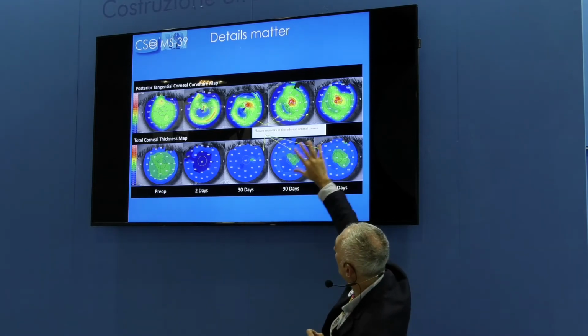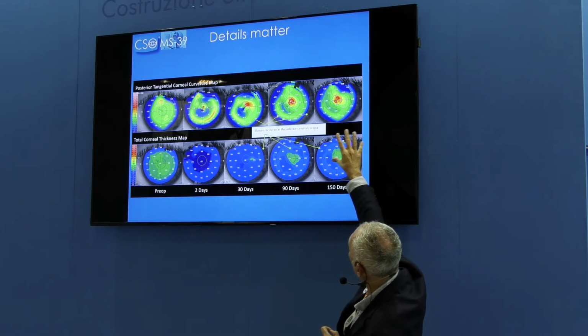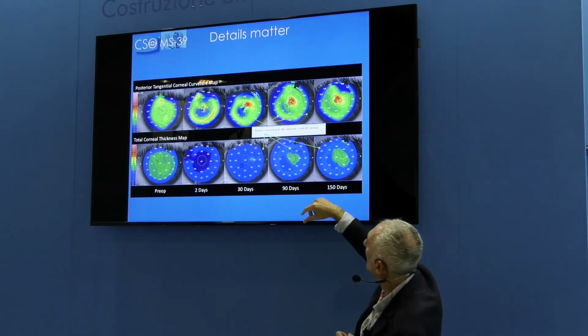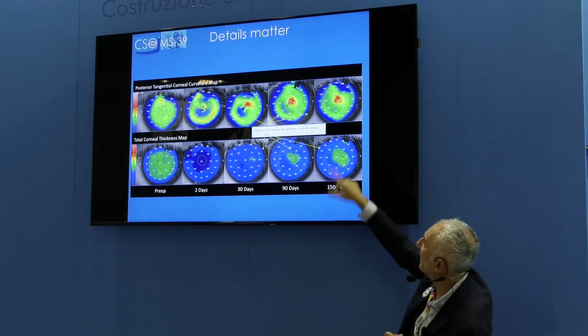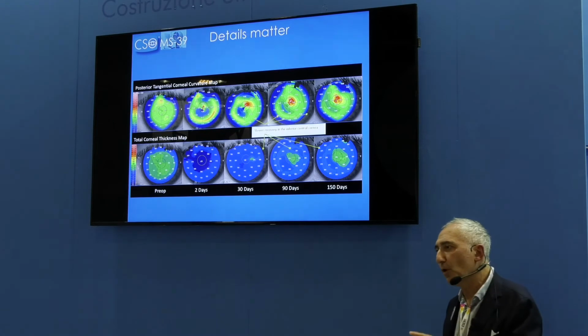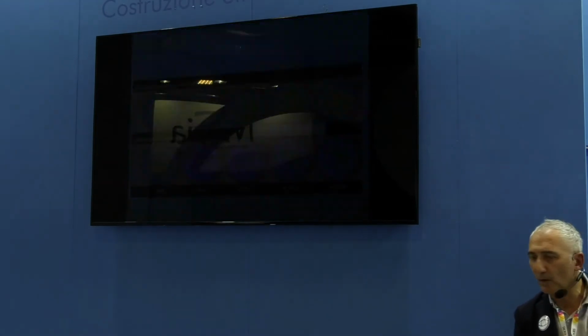The superior area recovered more quickly than the inferior one. And it's nice then to go back to the scans and have a look at what's going on.